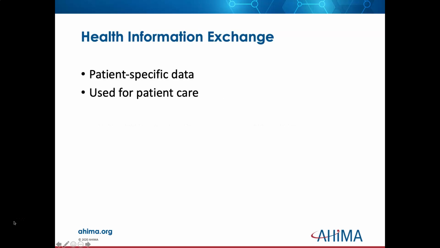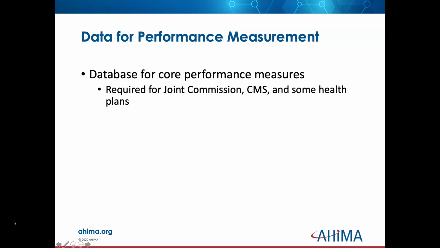And there are health information exchanges. These take patient-specific data that can be used for healthcare, for patient care, and make it available to healthcare providers. There's data for performance measurement through core measures or core performance measures.